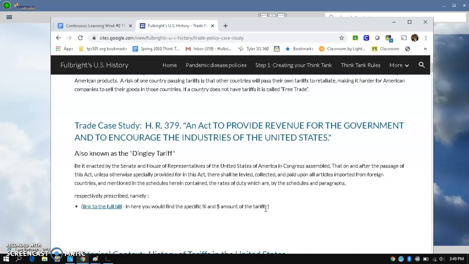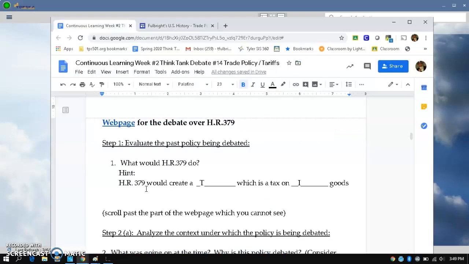But what you need to know is basically what House Resolution 379 would do. It's a tariff, and your answer should be House Resolution 379 would create starts with a T, which is a tax on, starts with an I, blank goods.